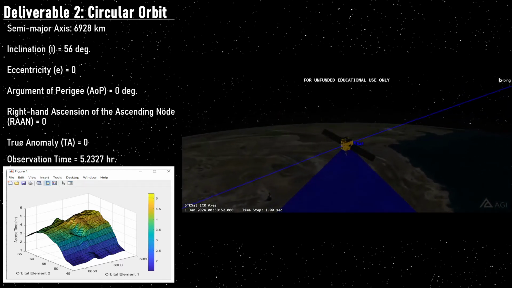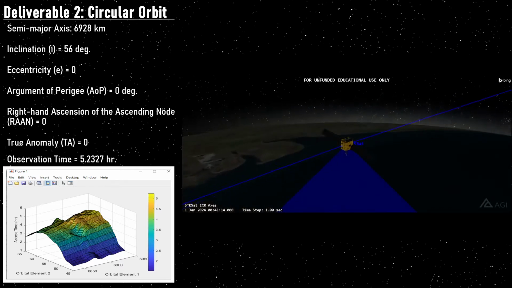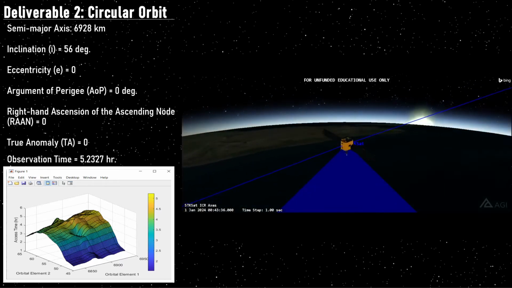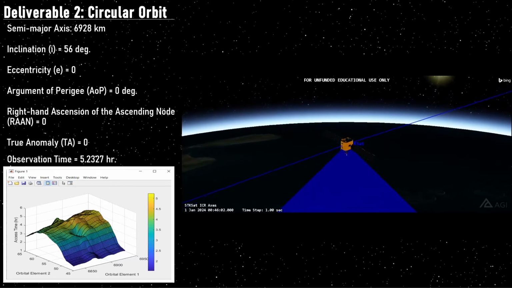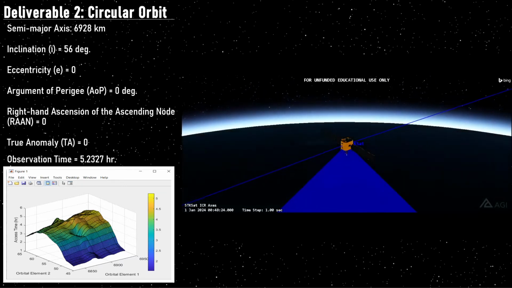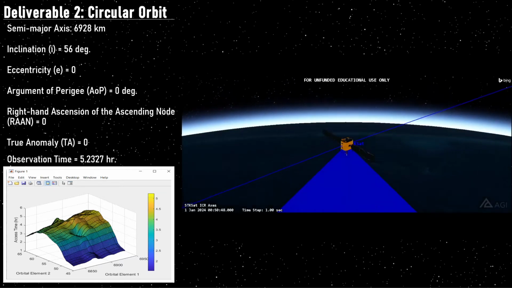This orbit allowed STK-SAT a total observation time of 5.23 hours. Figure 1 provided below is a plot of the circular orbit as it corresponds to mission altitude as well as STK-SAT's inclination.